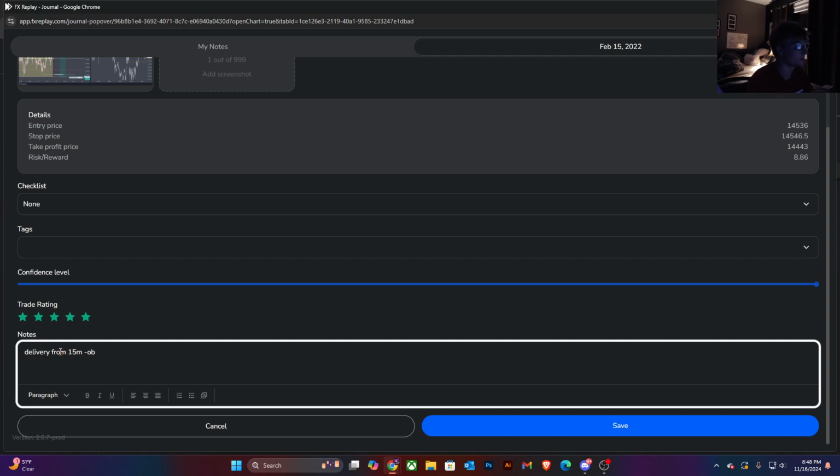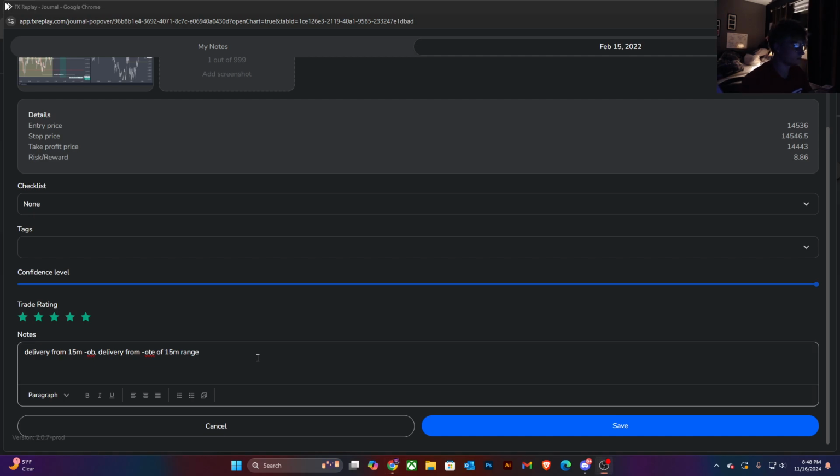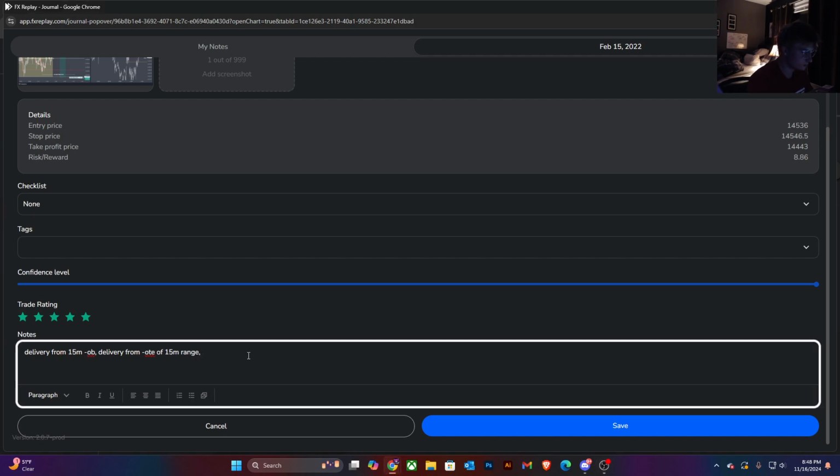Delivery here from a 15-minute bearish order block. Delivery from bearish OTE, 15-minute range. 5-minute unfilled. The value gap below, 4-hour unfilled.